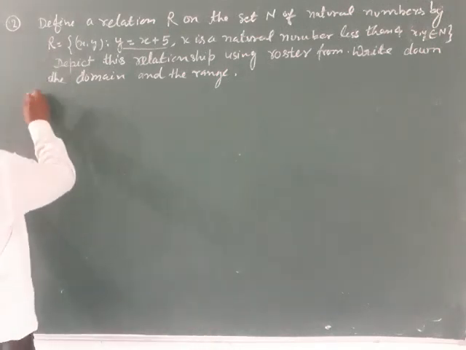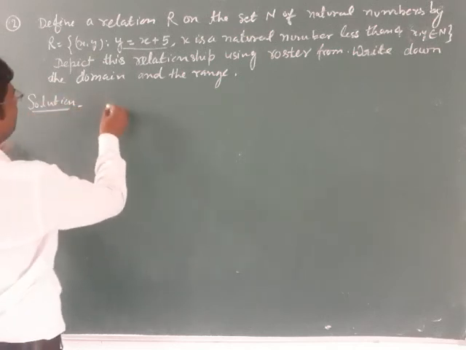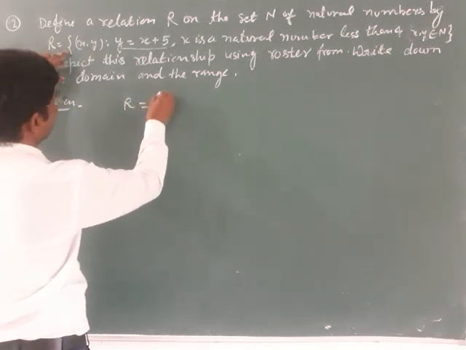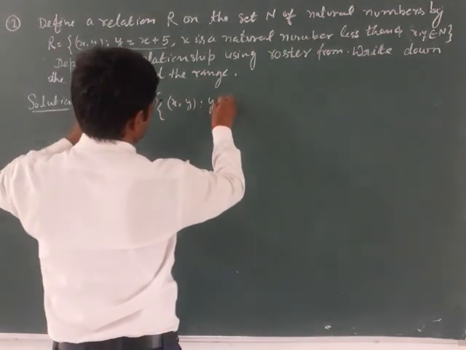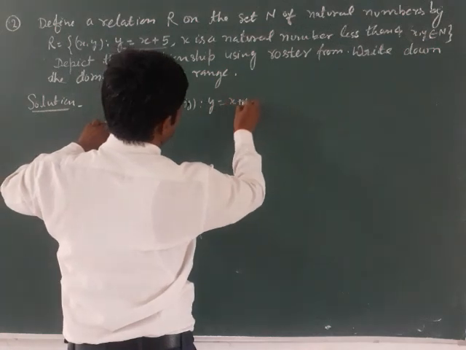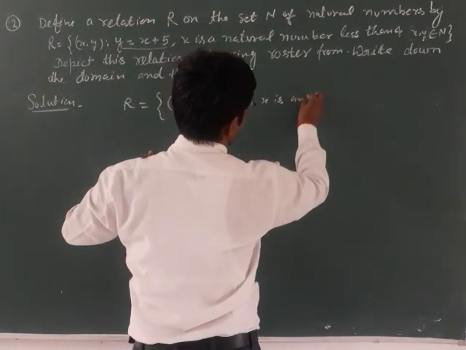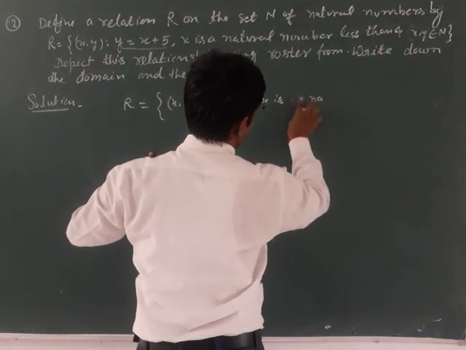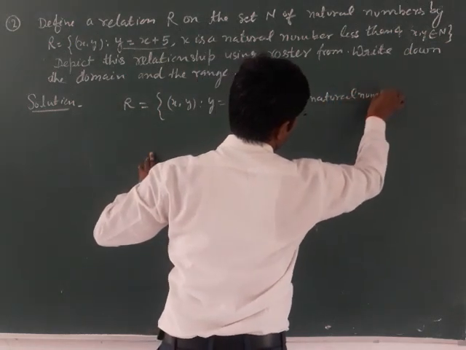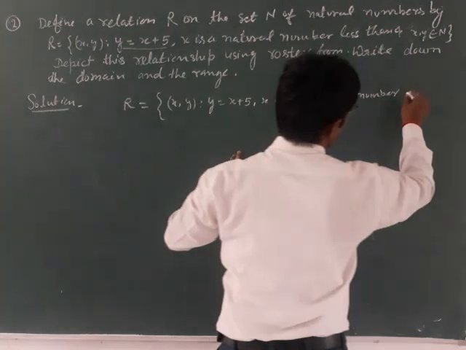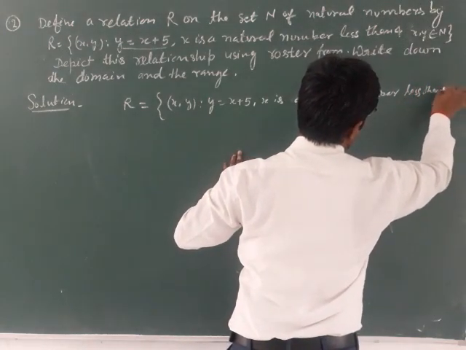So now the solution of this question. Given R is equal to {(x, y) such that y is equal to x plus 5 and x is a natural number less than 4}.